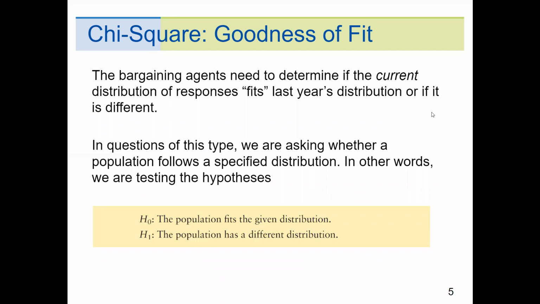The bargaining agents need to determine if the current distribution of responses fits last year's distribution or if it is different. In questions of this type, we are asking whether a population follows a specified distribution. In other words, we are testing the hypotheses: the population fits the given distribution or the population has a different distribution.